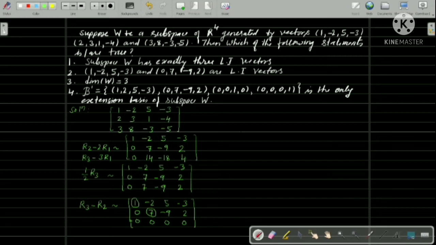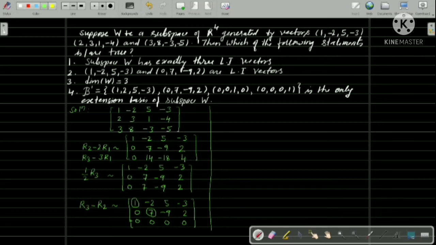Therefore, since the first two non-zero rows form a basis for the row space of W, these two rows, (1, -2, 5, -3) and (0, 7, -9, 2), are linearly independent.